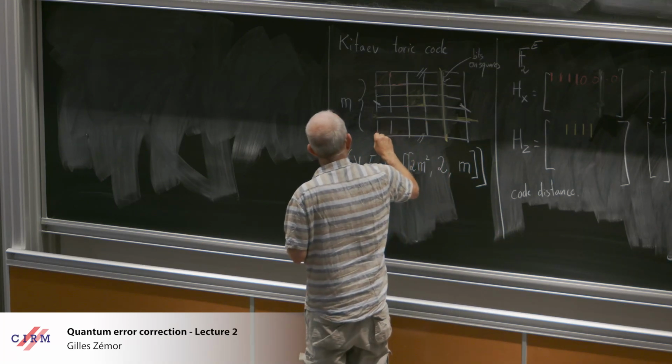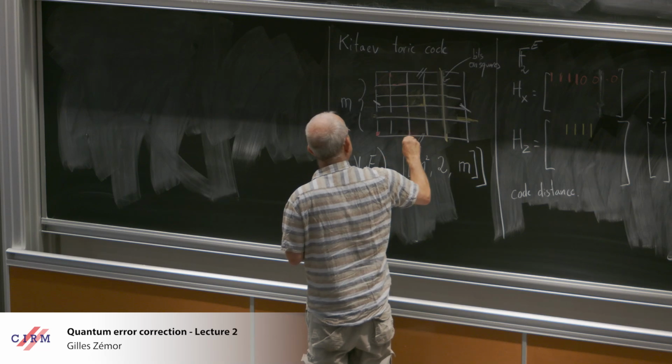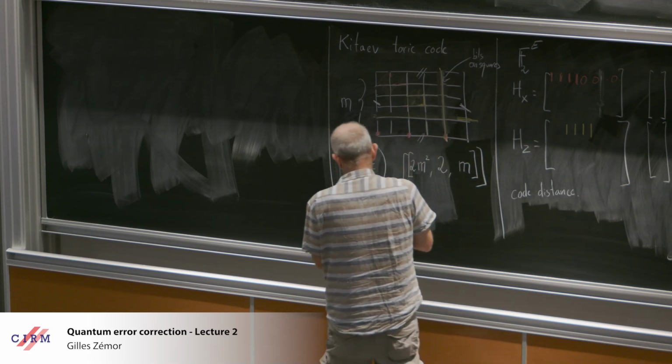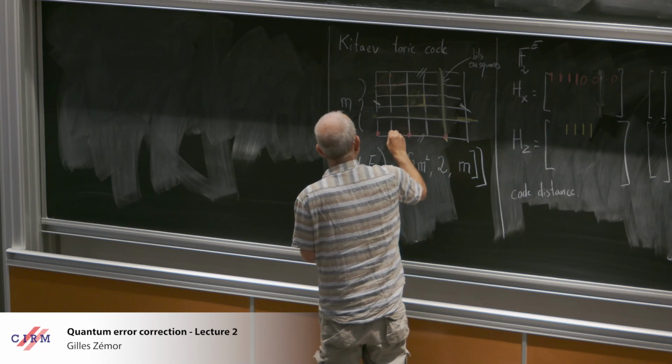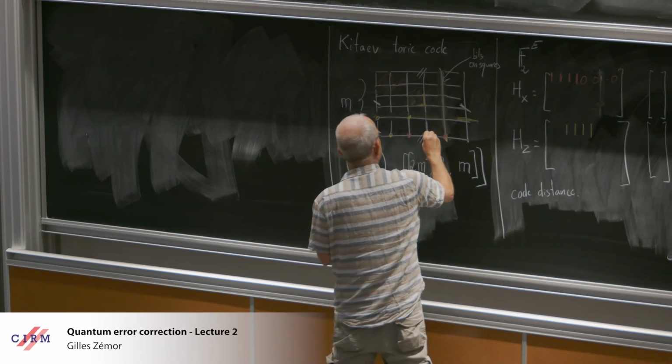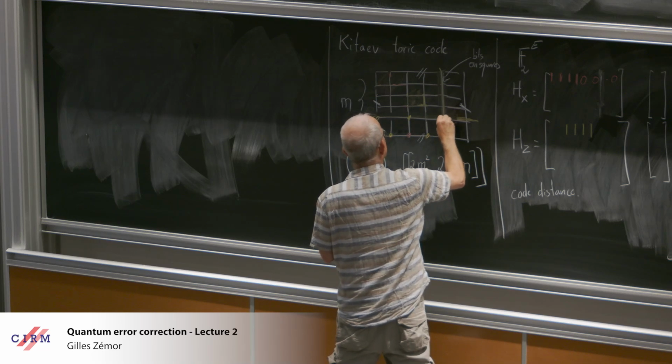And now we will have two types of vertices, say yellow and red.